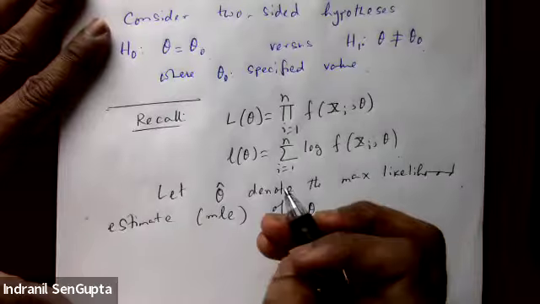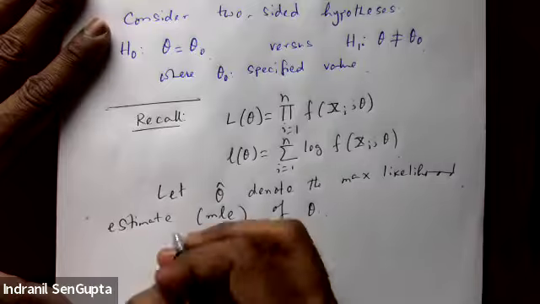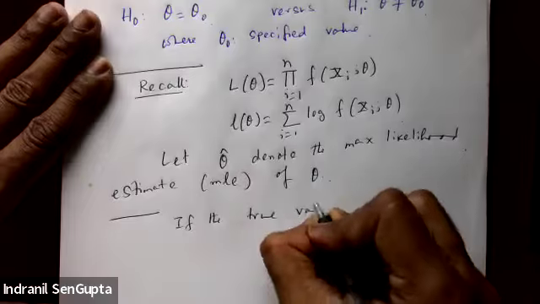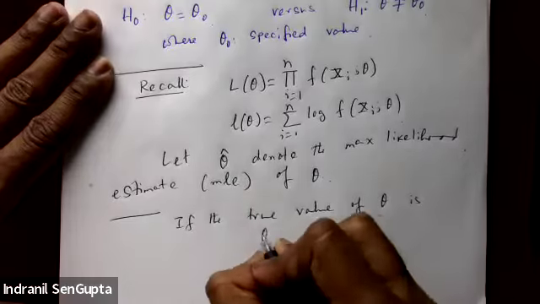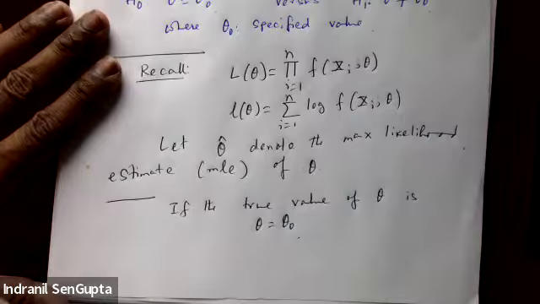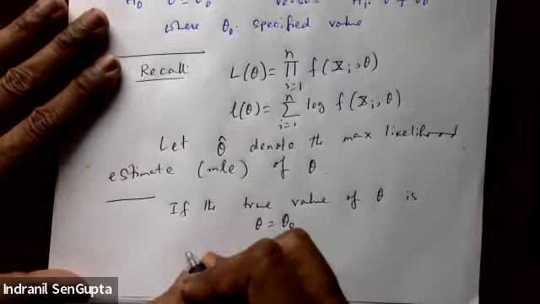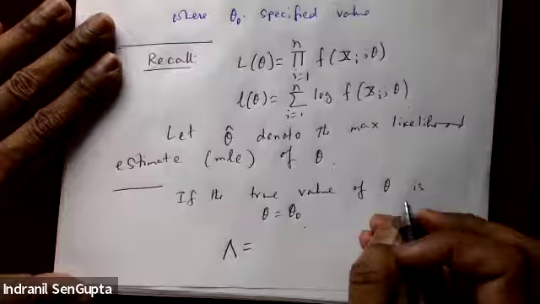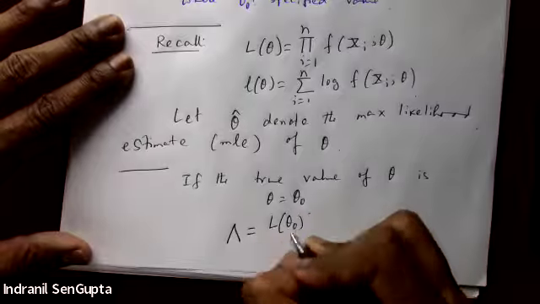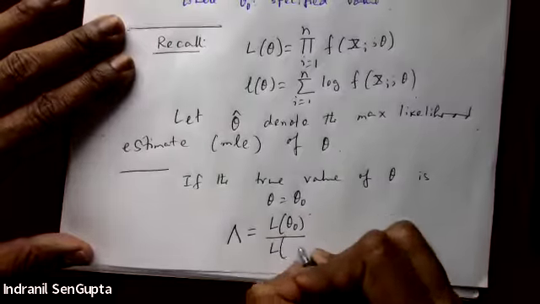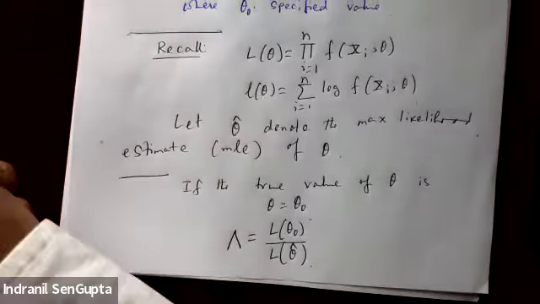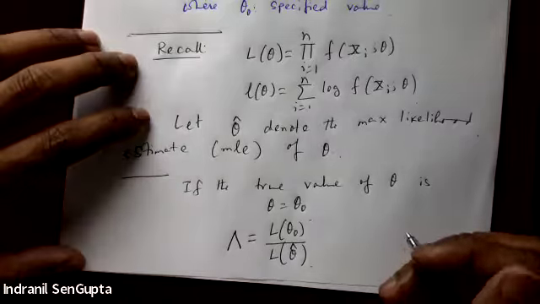We have seen before that if the true value of theta is theta equals theta sub 0, and if we consider this quantity, say this capital lambda, which is given by L(theta 0) over L(theta hat).